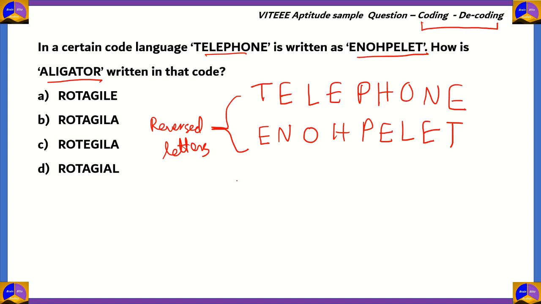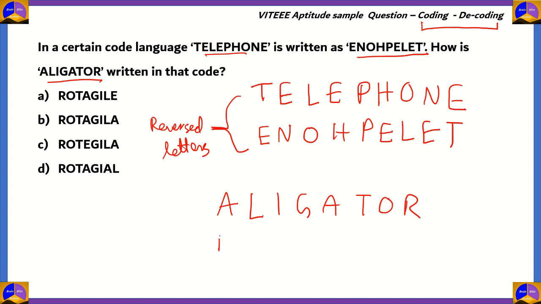So now we have the word alligator, A-L-L-I-G-A-T-O-R. The word alligator, if written in code, would imply that we have to reverse the order of letters in this word.